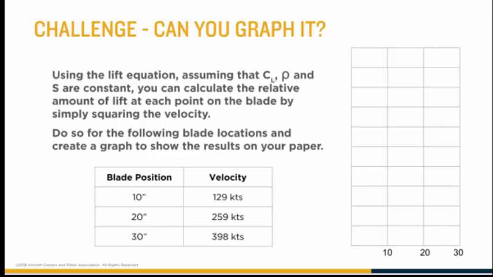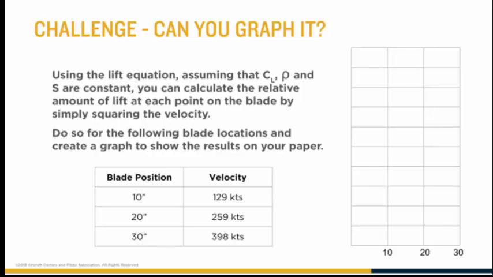If the coefficient of lift, density and surface area are held constant, just square the velocity to determine the relative values. So if we look at the blade position at 10 inches, our velocity is 129. If we square the velocity, we have 16,641.